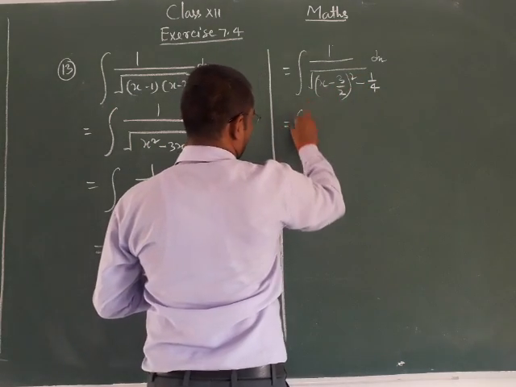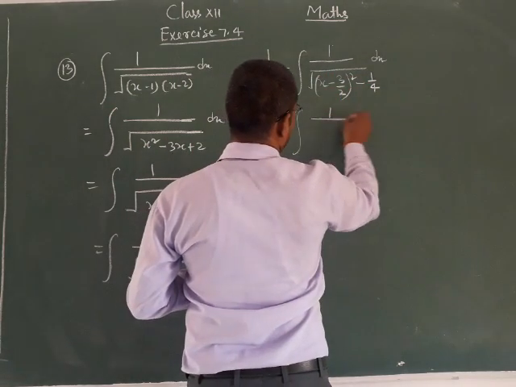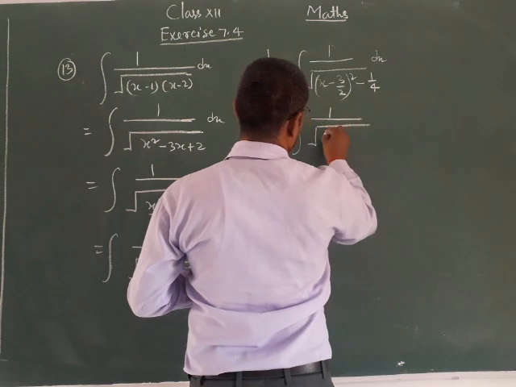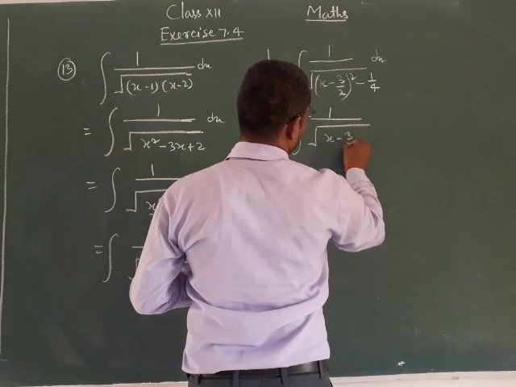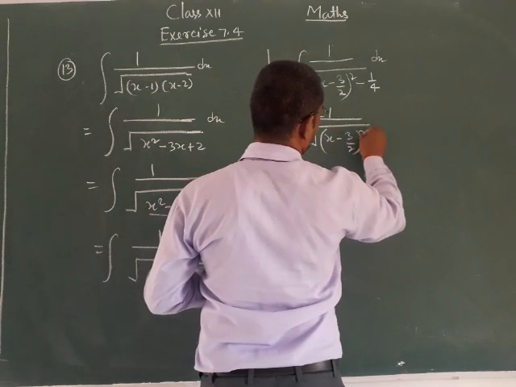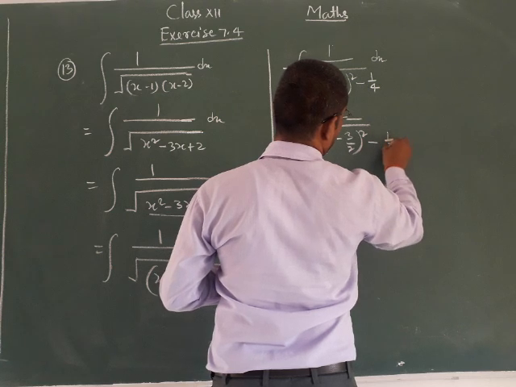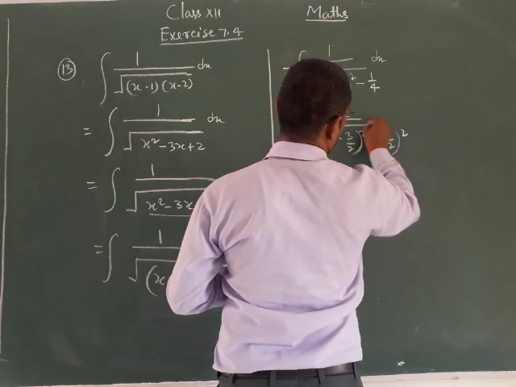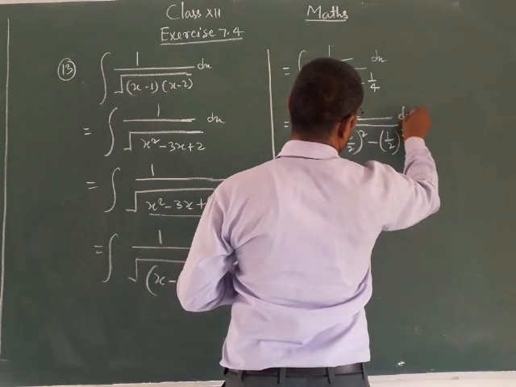Also, 1 upon root of (x minus 3 by 2) whole square and minus (1 by 2) whole square, dx.